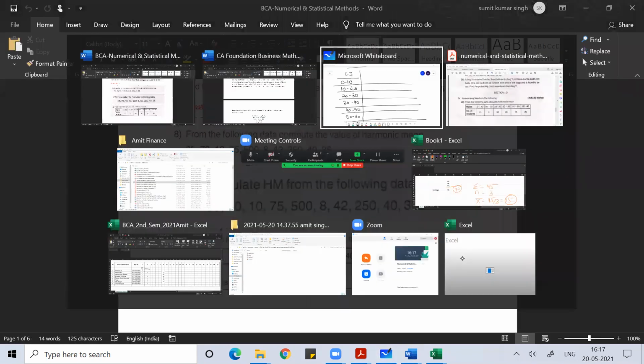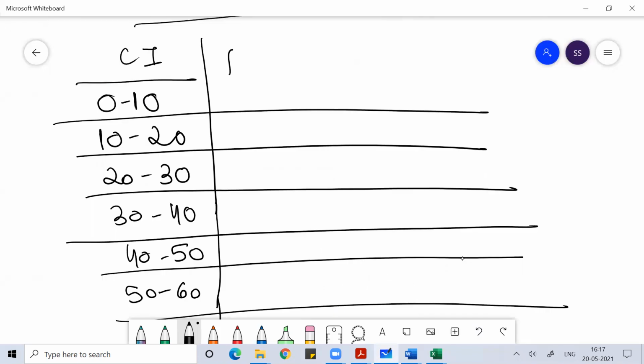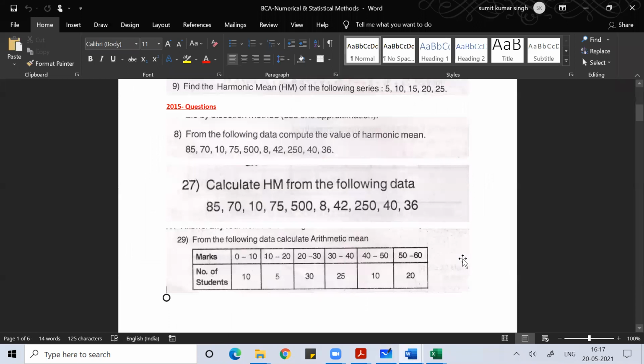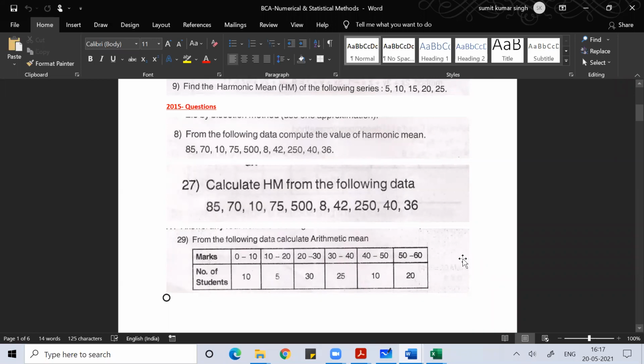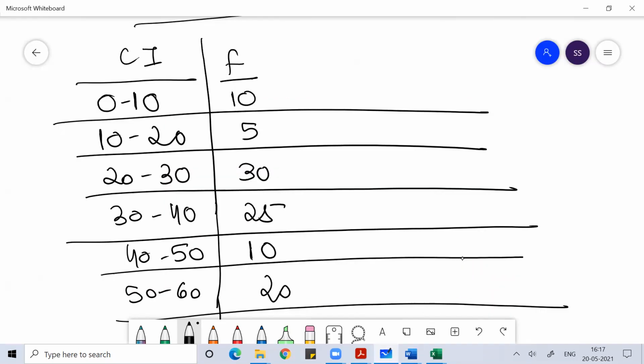Then the frequencies are given for this data: 10, 5, 30, 25, 10, 20. So this question came for 5 marks in 2015. You have to find the mean of this.